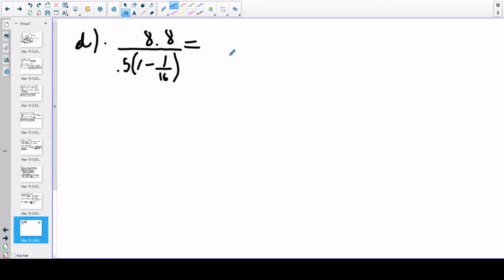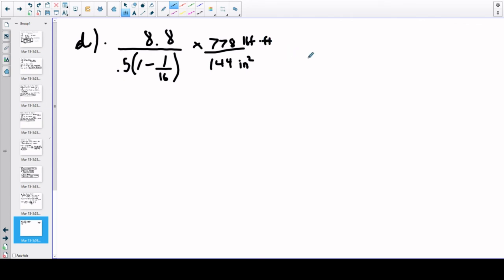And so, as you can see, you get that right there: 8.8 divided by 0.5 times 1 minus 1/16, which is 1 over the compression ratio, if that wasn't clear from the equation. Because V1 over V2 is the compression ratio, so V2 over V1 is obviously the inverse of that. And now these are the unit cancellations you have to do.